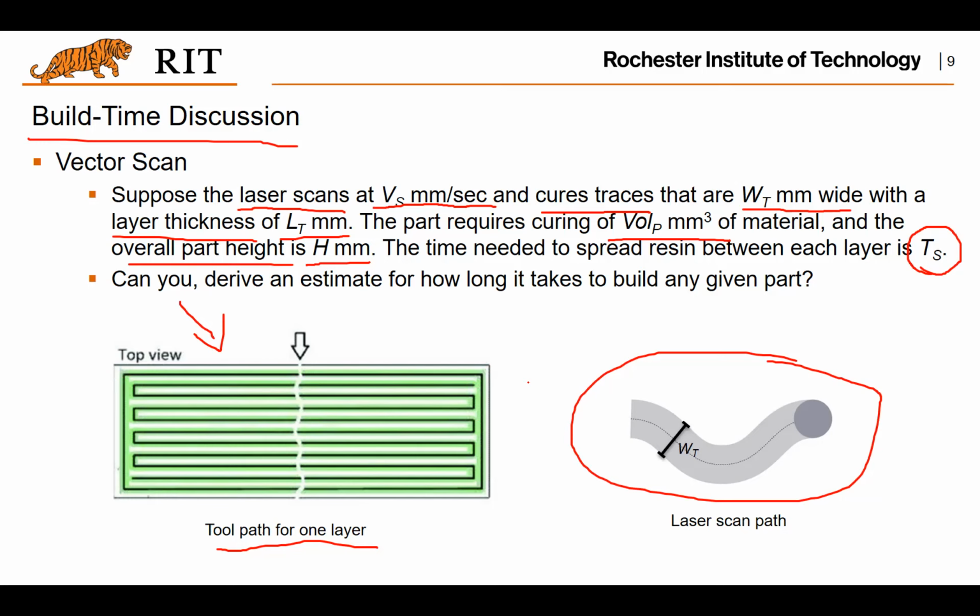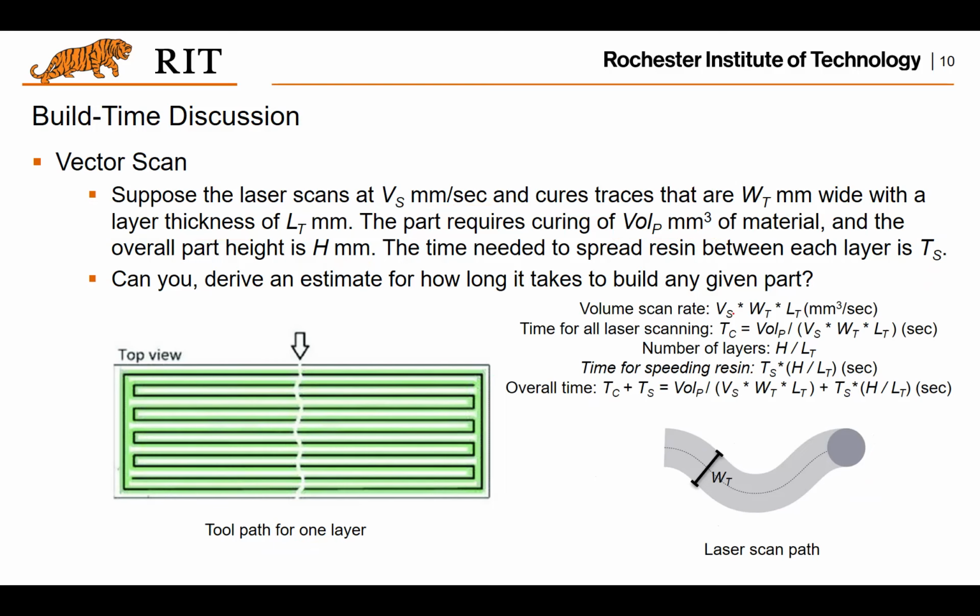But no matter how, there will be a time associated with the process in between the two layers. So you want to count both of the two times and sum them together to get the overall time. That's how you think of this build time.